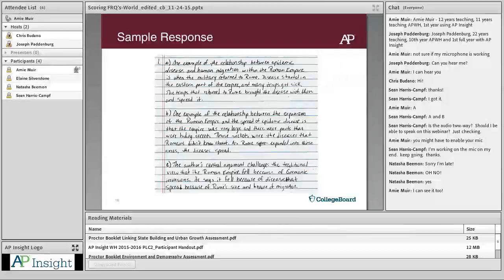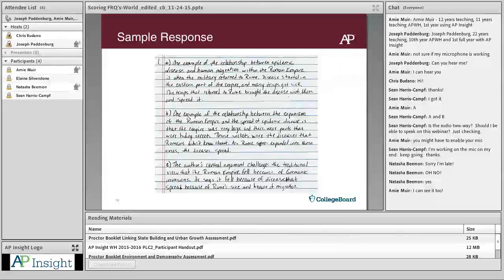But when I'm looking at the criteria of what a full credit response versus zero, what's the key word in that one? Explain. Does he actually explain? No, he doesn't make the connection. He doesn't detail the chain of events linking disease with the cause of the collapse. He identifies it, but the connection isn't there.